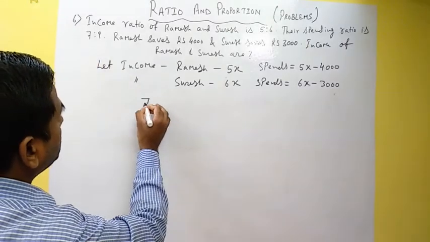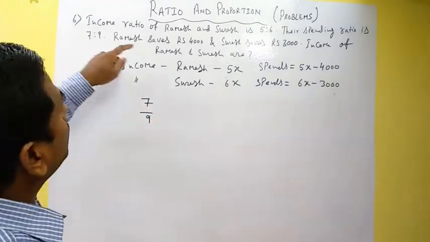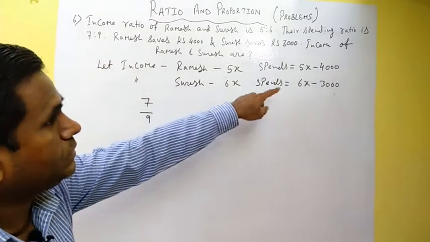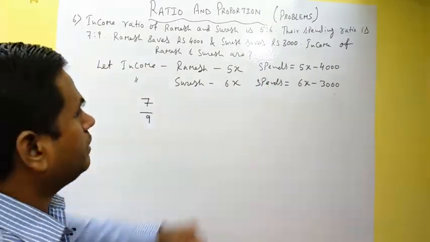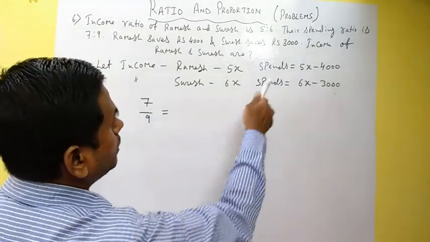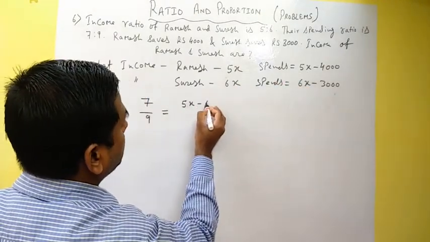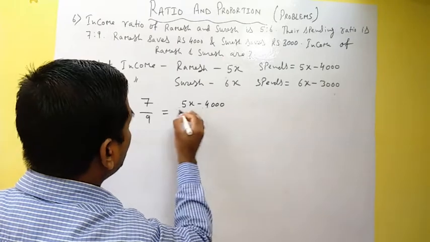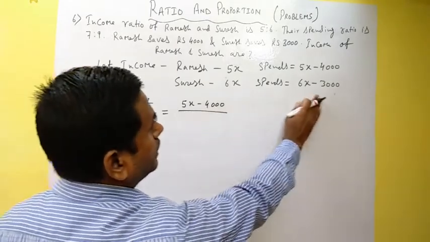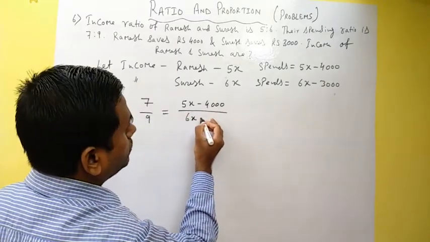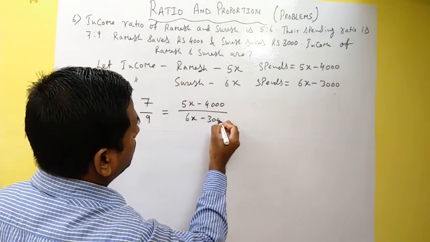So the spending ratio is 7/9 for Ramesh and Suresh. Here we have got the spending in amounts, so 7 over 9 will be equal to 5x minus 4,000 over 6x minus 3,000.